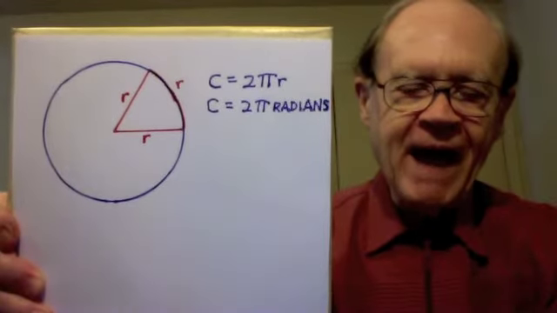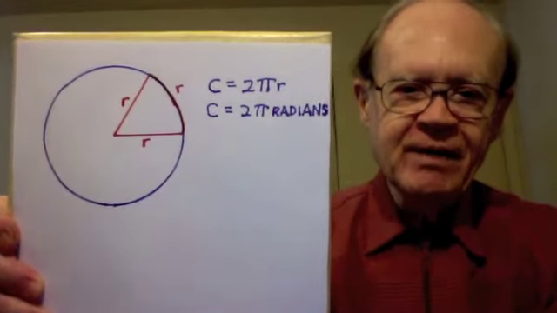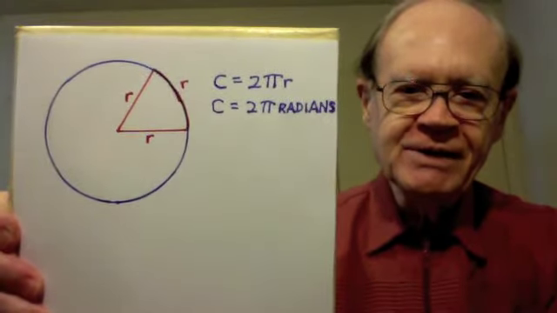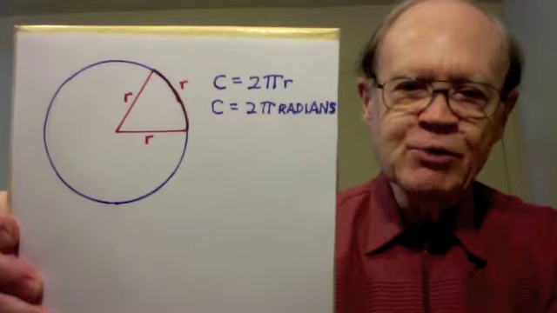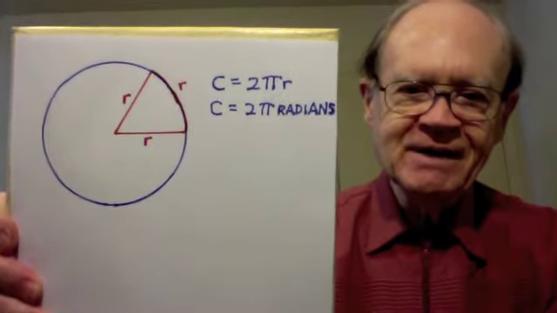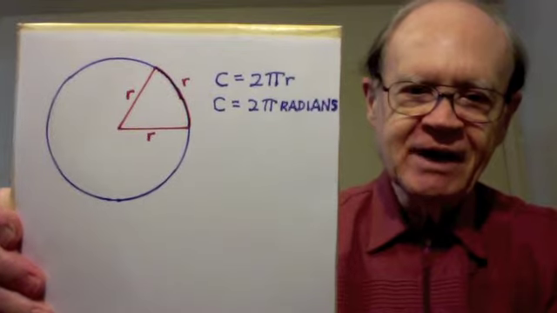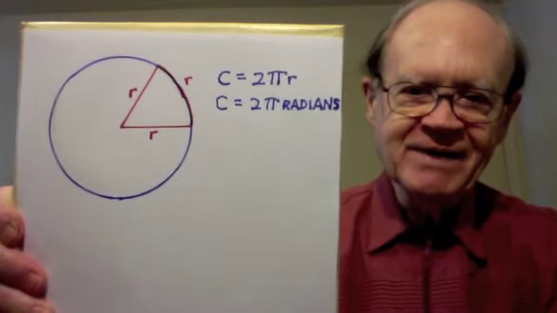And so that actually answers my first question. The circumference of a circle, that is all the way around a circle, is how many radians? It is 2 pi radians. 2 pi is approximately 6.28. That's a little more than 6 radians.